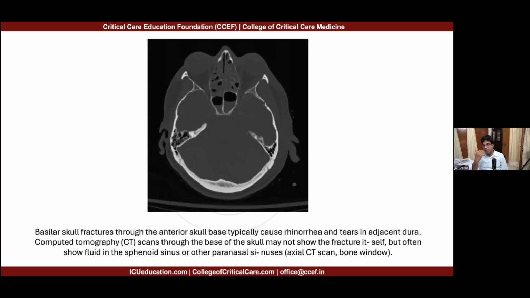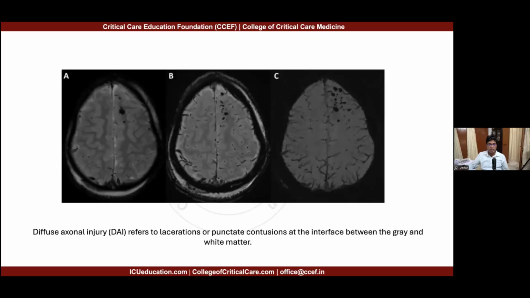But if there is a fracture of the base of the skull or the cribriform plate, there is a high chance of a breach in the cribriform plate, and the pathogens can travel through it, and it can cause CSF rhinorrhea and meningitis. So this is something very, very important in case of basal skull fracture, which we need to remember. Near the mastoid region, cribriform plate, all these areas can lead to meningitis.